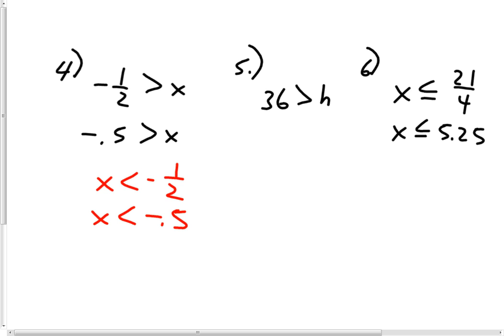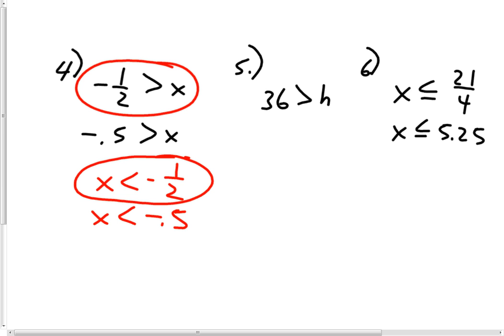You work through the problem, you get that, but the answers might look like this. Maybe they put the x on the left. Just make sure that the symbol is pointing towards the same thing. This is pointing at x. Is this pointing at x? They mean the same thing.